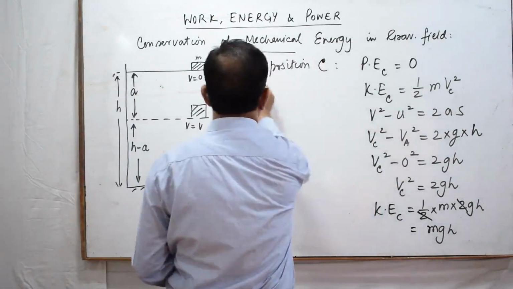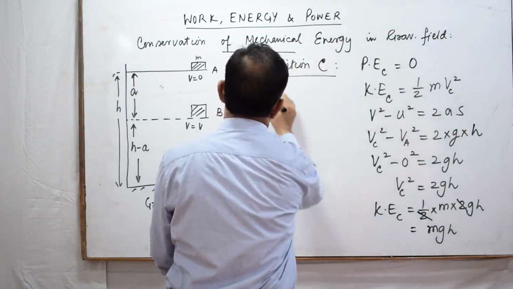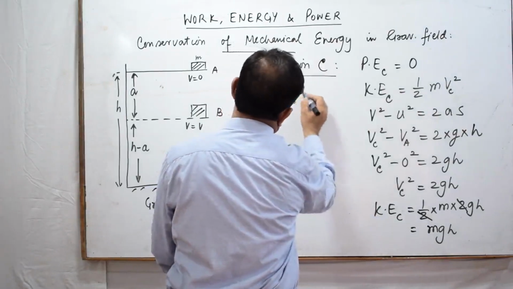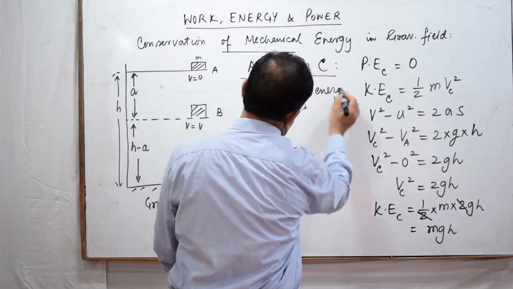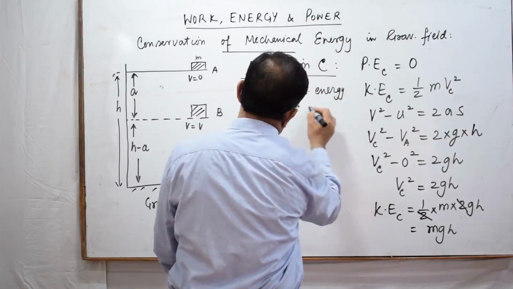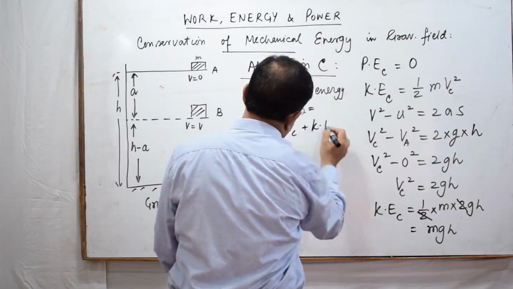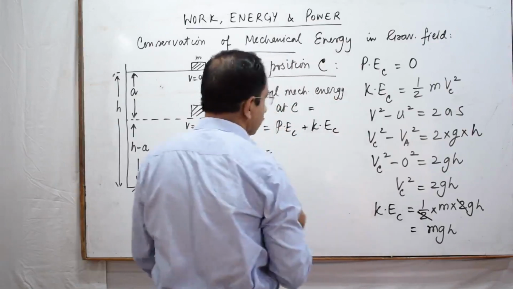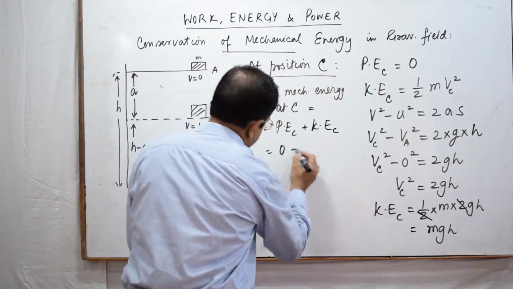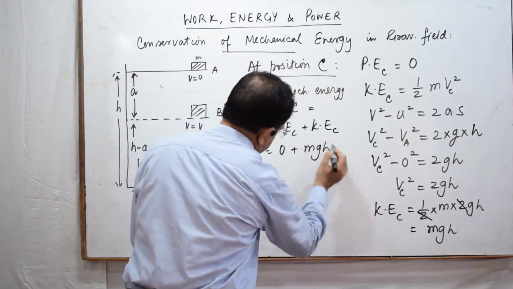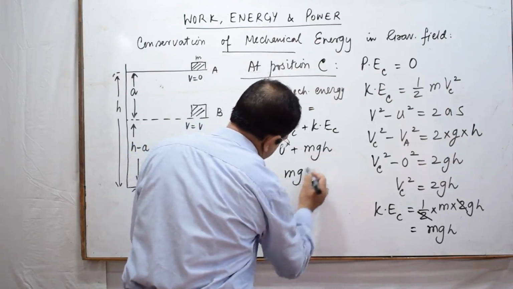So at C, the total mechanical energy would be given by potential energy at C plus kinetic energy at C, which comes out to be 0 plus mgh. So that is again equal to mgh.